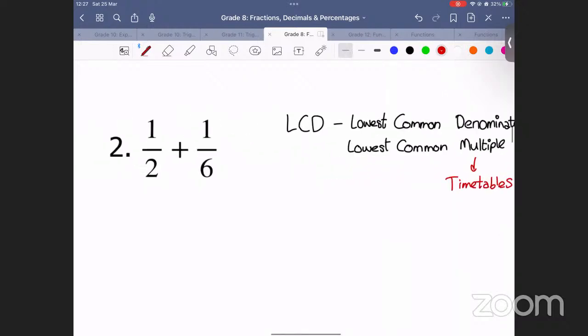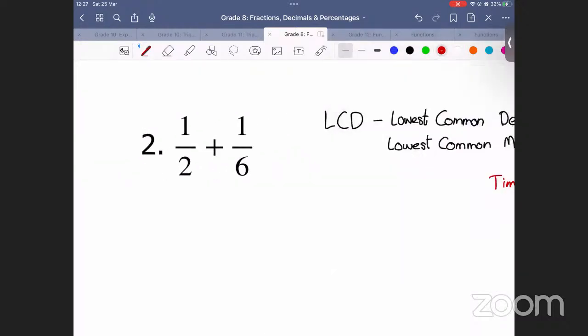So lowest common multiple. Does anyone know? Can anyone tell me what's the lowest common multiple between 2 and 6? The LCD between 2 and 6. Anybody?